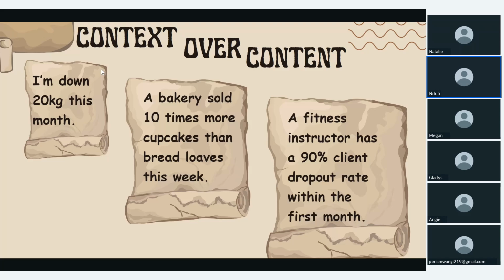Case in point, let me say I'm down 20 kgs this month. So what's going through your mind? Anyone, what's the first thing that came to your mind when you read this out loud, that I'm down 20 kgs this month? We can even type in the chat and John maybe can read some of those out.